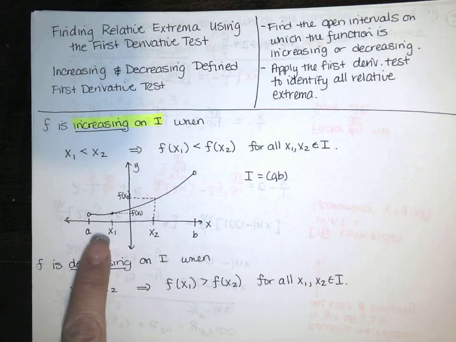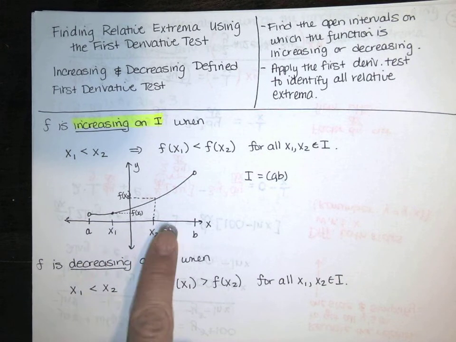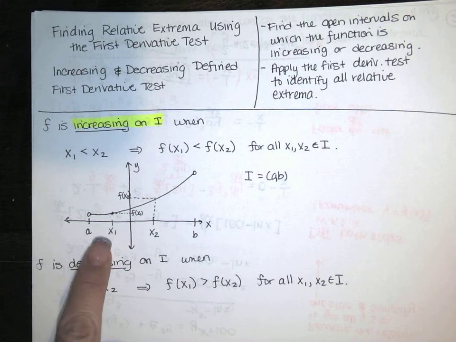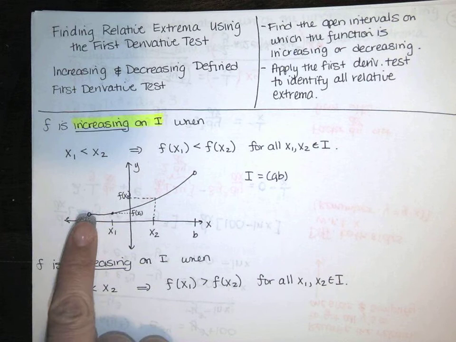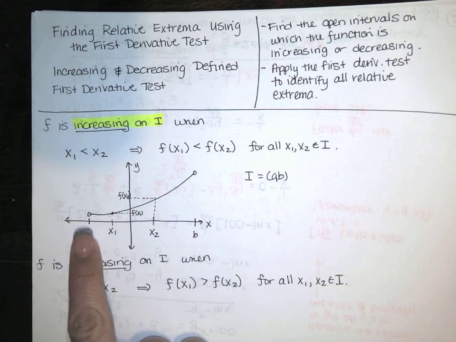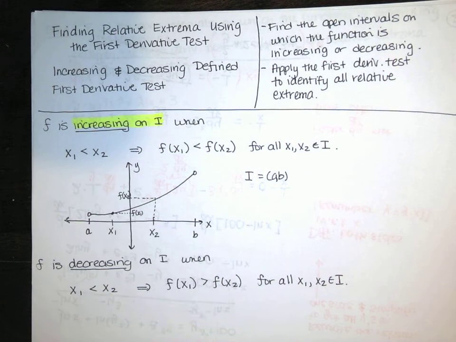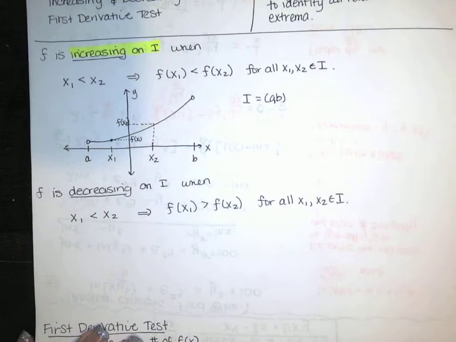No matter what I do, as long as this one is larger than this one, the y value over here is larger than the y value over here. Or the y value over here is smaller than the y value over there. When I look at it from left to right, the y values are going up for all x1, x2 on this interval. So we say that the function is increasing on an interval if it sort of looks like that.